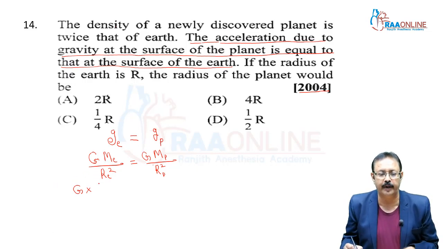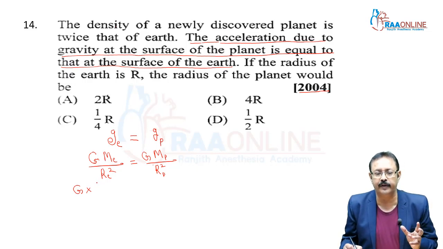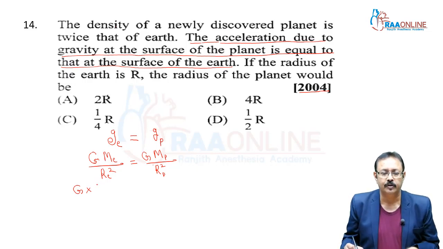Mass is volume into density, and since we are assuming the shape of planets to be spherical, volume is 4 upon 3 pi r cube, into density. It is Earth, so I am writing density of Earth, upon Re square.